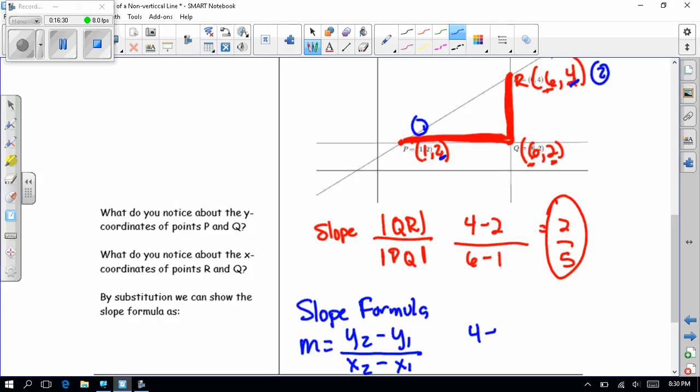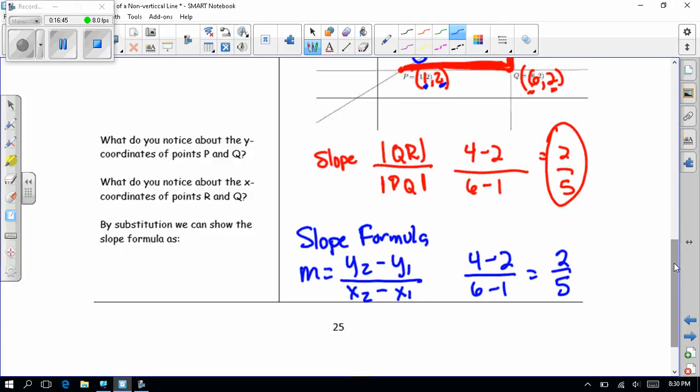The y in our first point is 2. The x in our second point is 6. The x in our first point is 1. So we're going to get the same thing we did up top, but we're using the actual slope formula. So if you want to write down that slope formula, however it helps you to remember it.